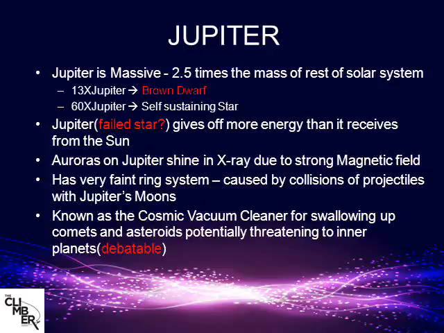On account of its strong magnetic field, auroras on Jupiter shine in the X-ray, as compared to the auroras in the visible wavelength, which are just pretty lights on Earth. Though up for debate, Jupiter has long been known as a cosmic vacuum cleaner, saving the inner planets from the continued onslaught of comets and asteroids.